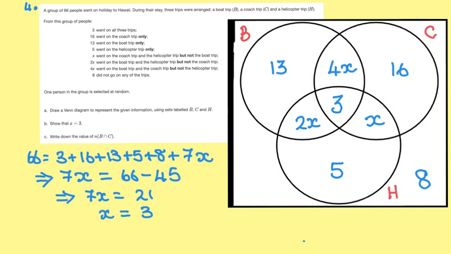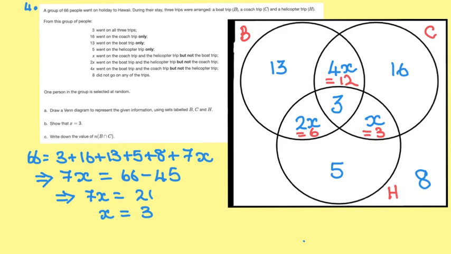Now, fill in the missing bits. x is equal to 3. So 2x is equal to 6. And 4x is equal to 12. Part B. Show that x equals 3. Well, I've already shown that x equals 3 on the diagram.